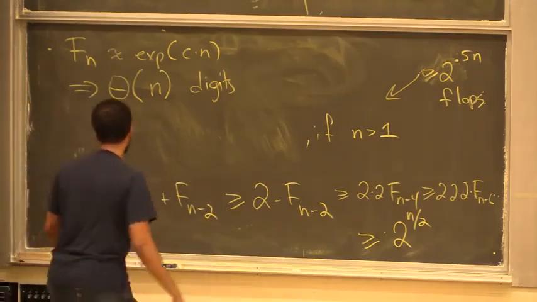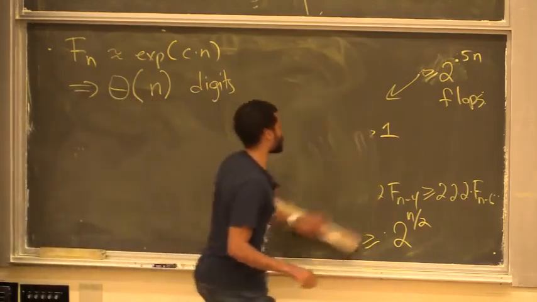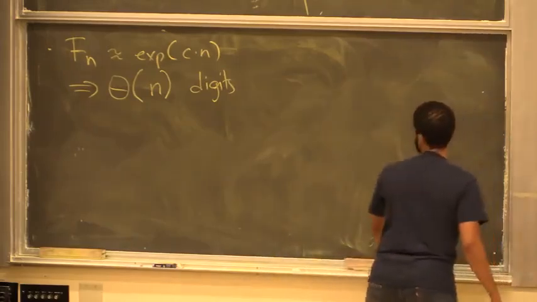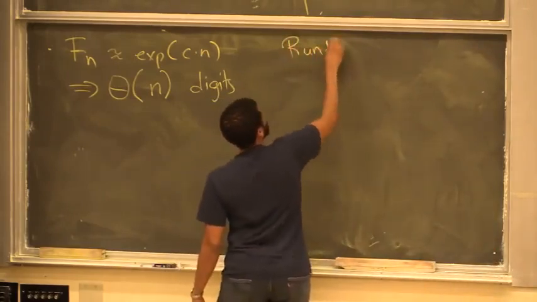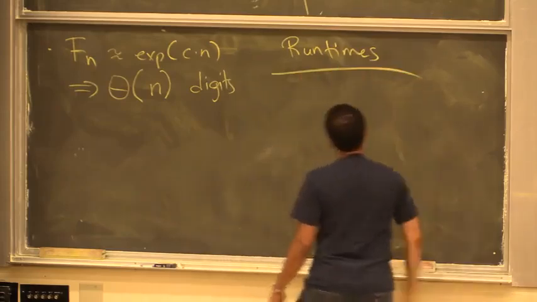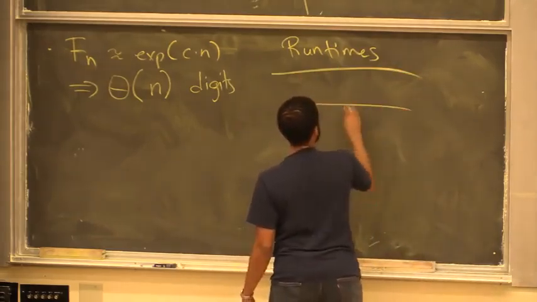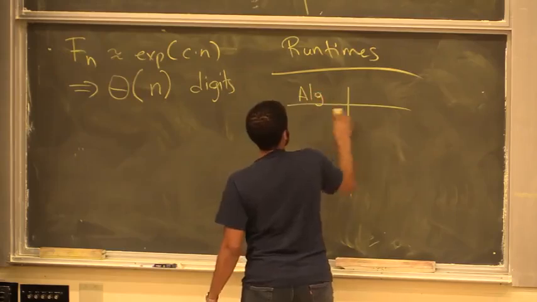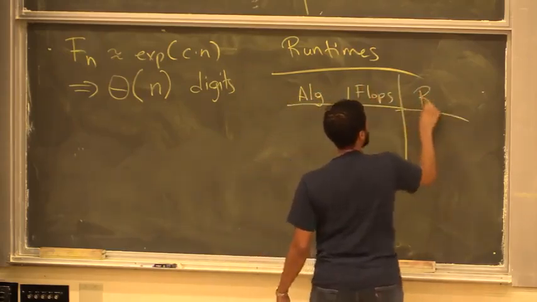Okay. So now let's try to understand the real runtimes of algorithms 1, 2, and 3. Here I have which algorithm it is, here I have the flops, and here I have the actual runtime.